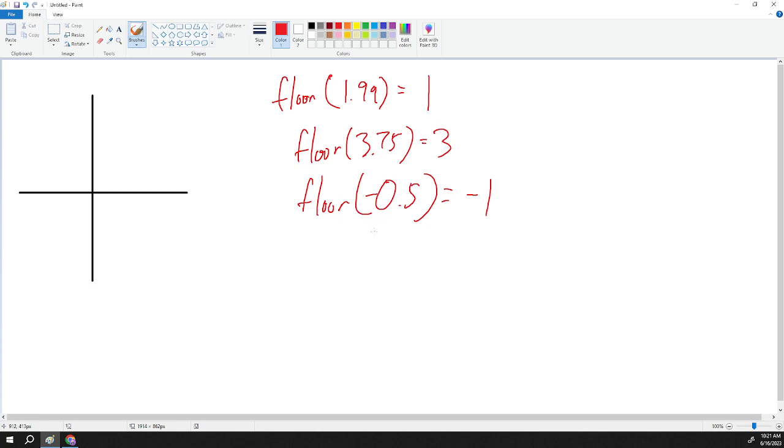So the lower integer of negative 0.5 would have been negative 1. Same thing with floor of negative 3.001. That would have been negative 4. There's no absolute value.